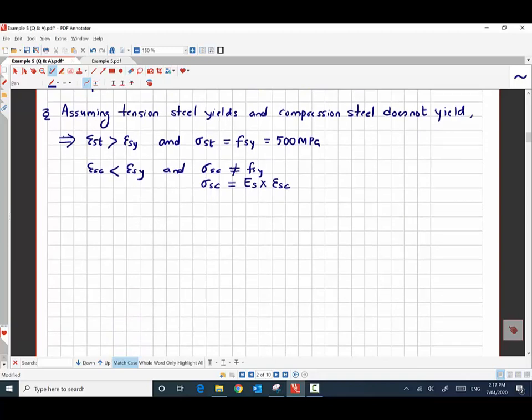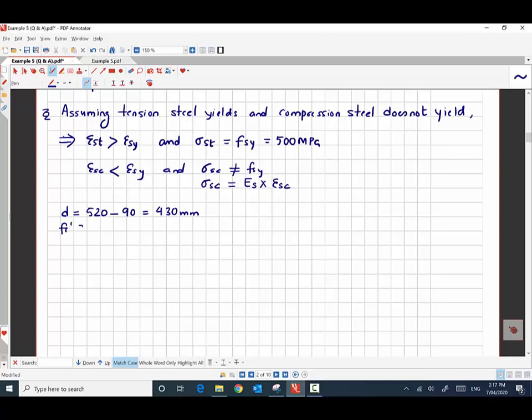A few things to do before that: we have the effective depth as in example 3 as well, it is 520 minus 90 millimeters to the center of the tension reinforcement, so it is 430 millimeters.